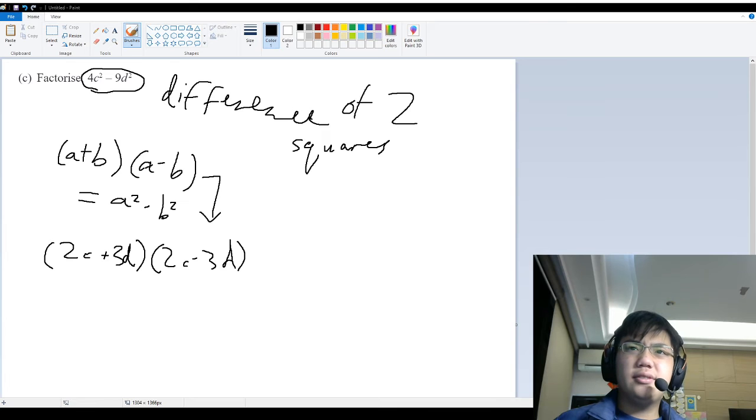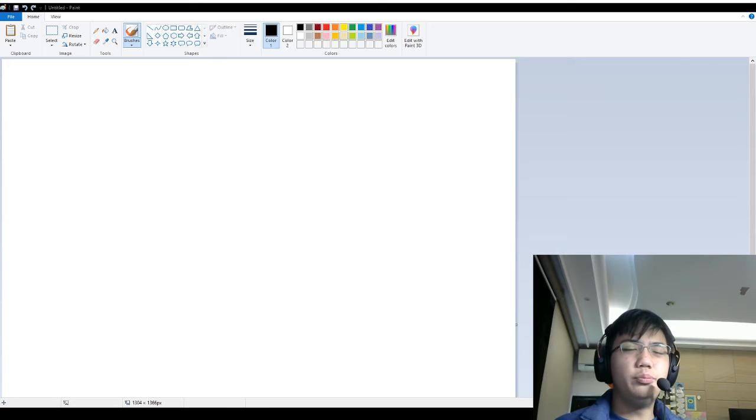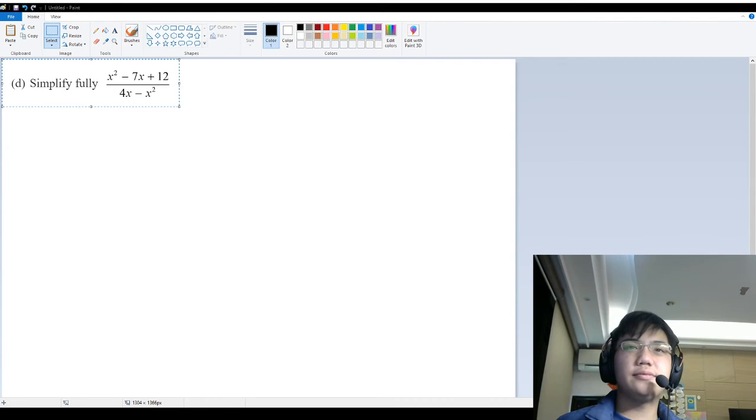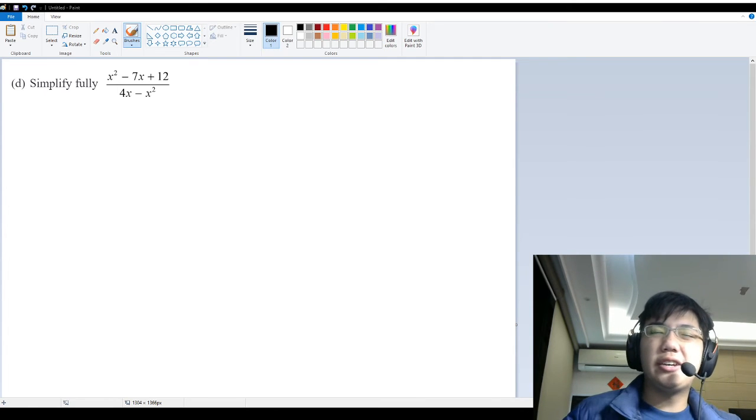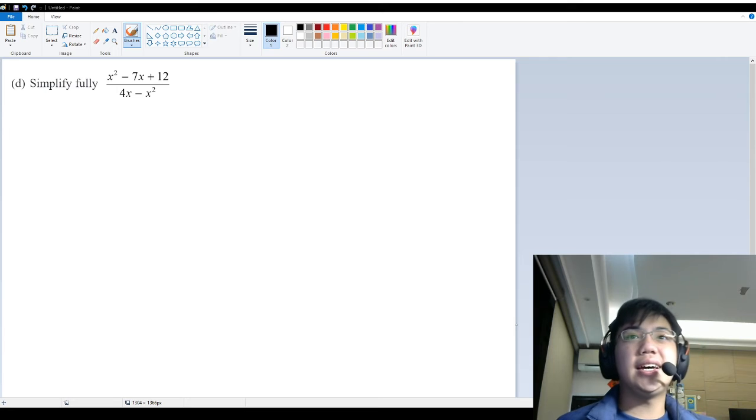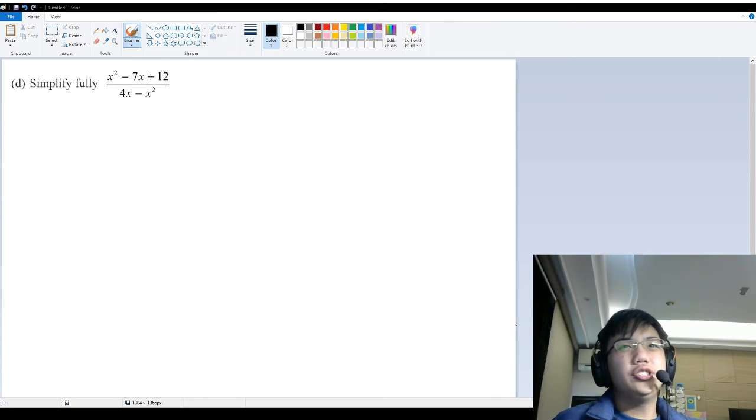Now we move on to the last question in this group of questions, question 15, sub question D, where we need to fully simplify this fraction. Simplifying fractions is often not as simple as simplifying whole numbers.